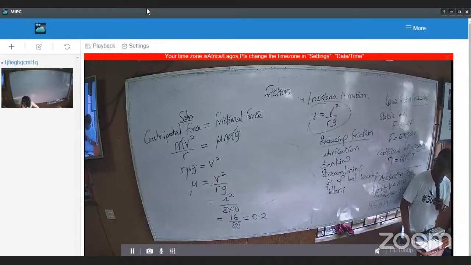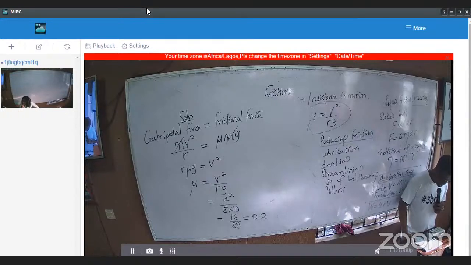Question 2, shall we? A 500 Newton box rests on a horizontal floor.